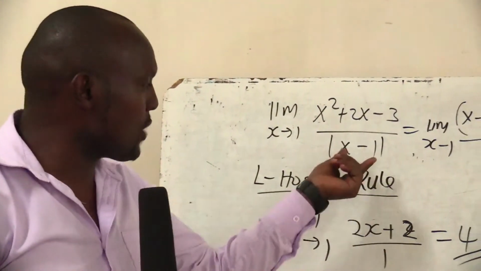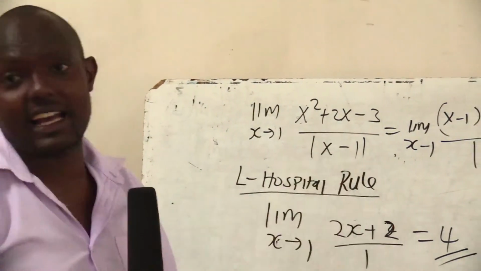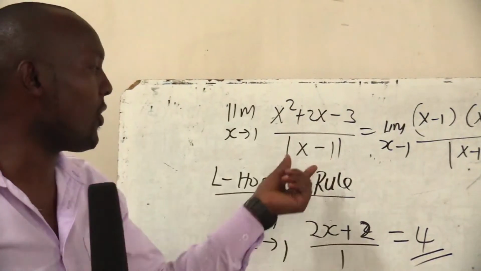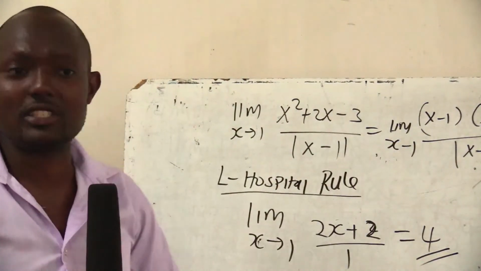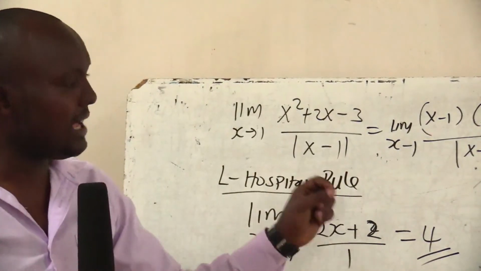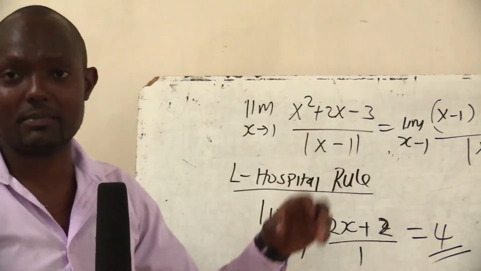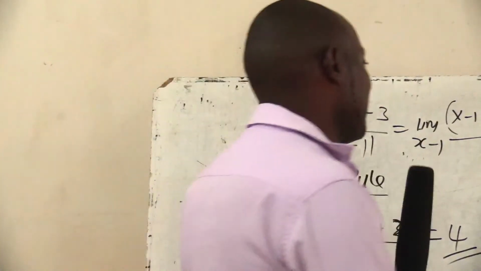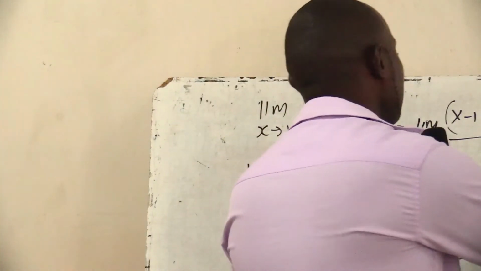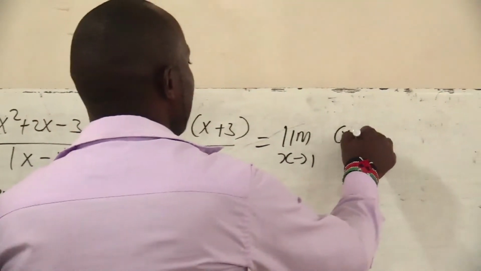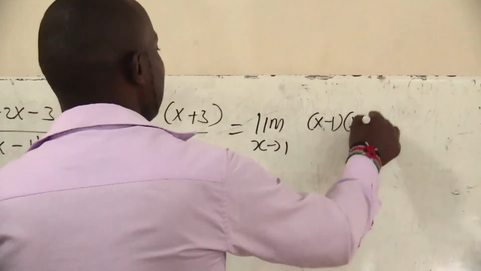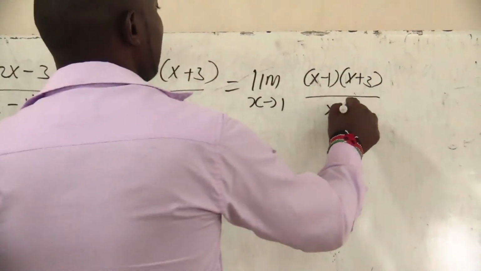So what we are getting here, will we ever get a negative number? No. We always get a positive number. That's why I'm using x minus 1. If I was expecting to get a negative number, I could have used the negative of x minus 1. That's why you find that here it is very simple. Limit as x approaches 1 of x minus 1 times x plus 3 all over x minus 1.